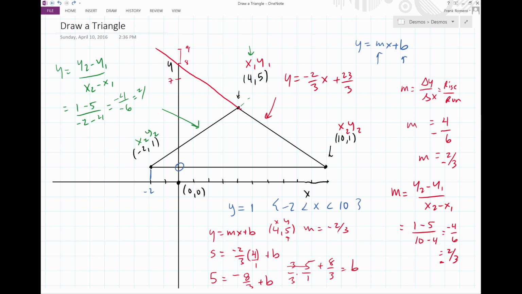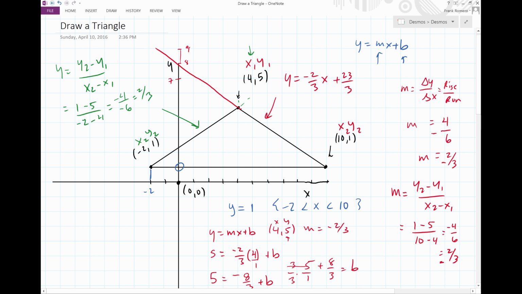A reflection down here. Move this over, you get a reflection. All right, that's good enough for that. So we know that the slope is 2/3.